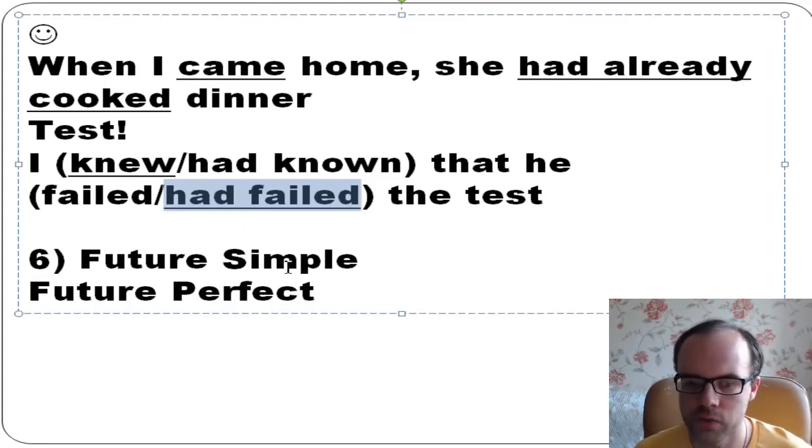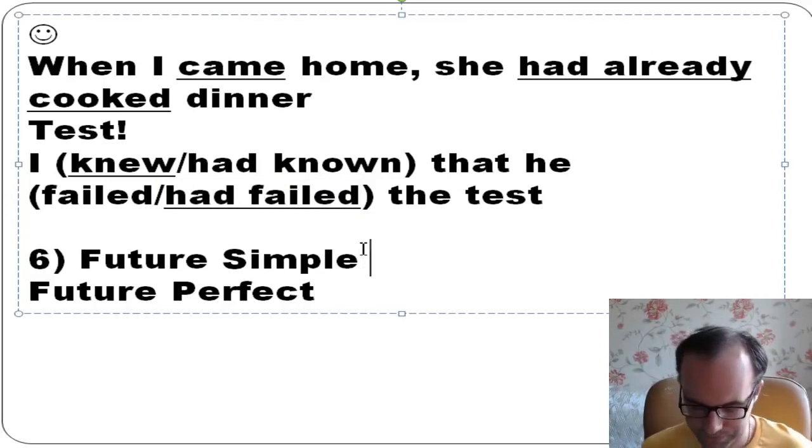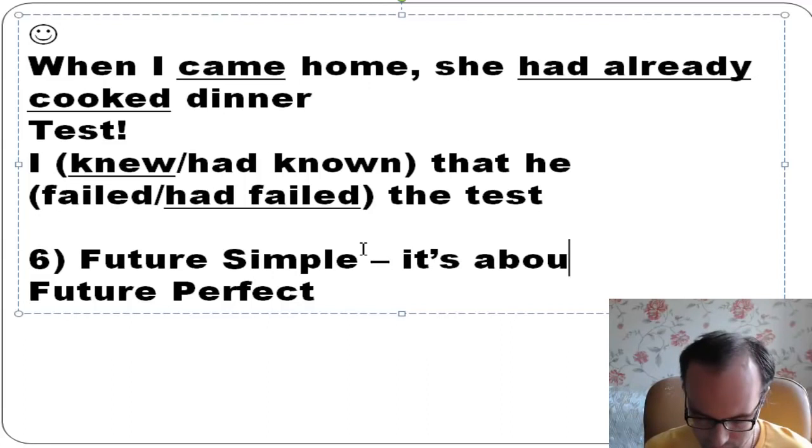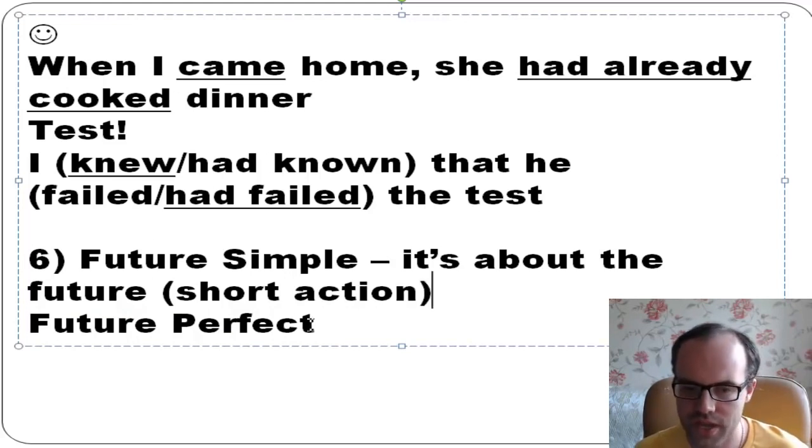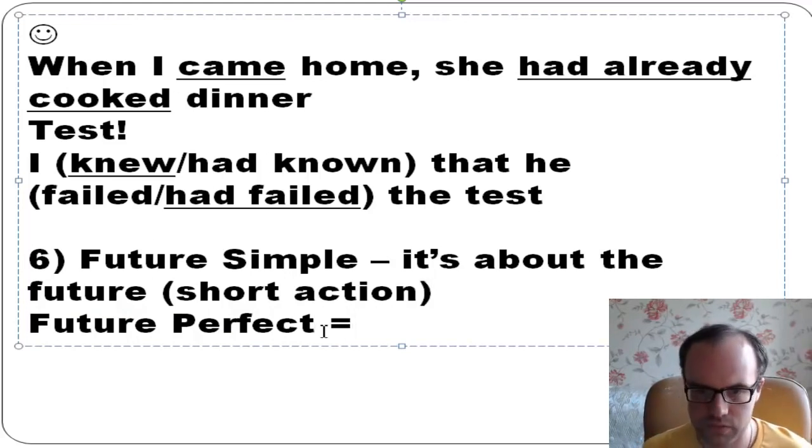Yeah, what about future simple and future perfect? Actually, nothing difficult. Yeah, it's easy. So, future simple, it's about the future. And usually it's a short action. Good. And what is future perfect?